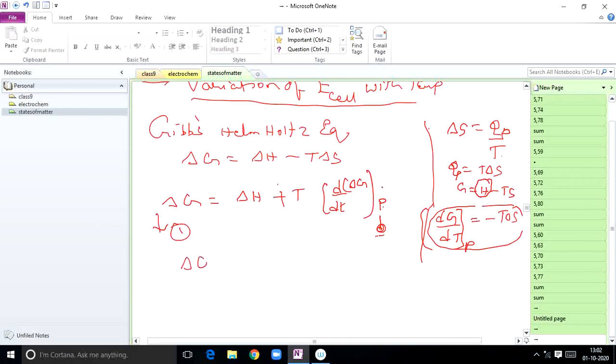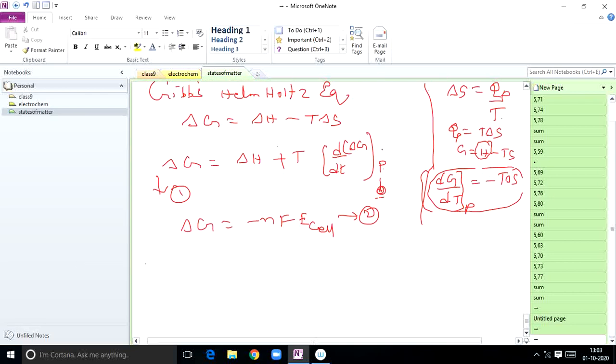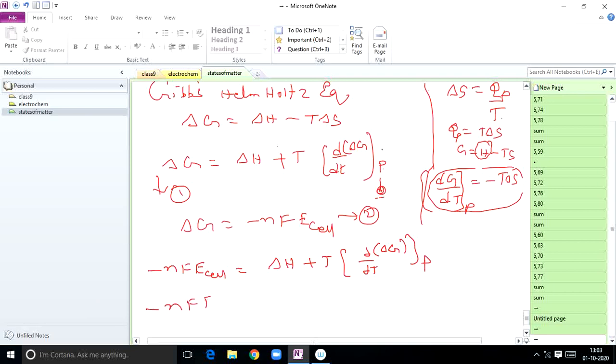Next, you already know delta G is equal to minus nF into E cell. This is equation 2. So from equations 1 and 2 you can substitute: minus nF E cell is equal to delta H plus T into ∂ by ∂T of delta G at constant pressure.